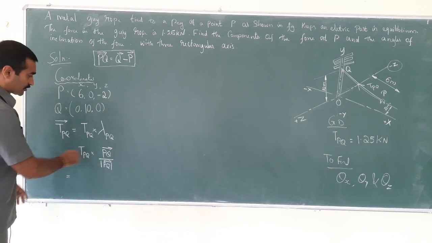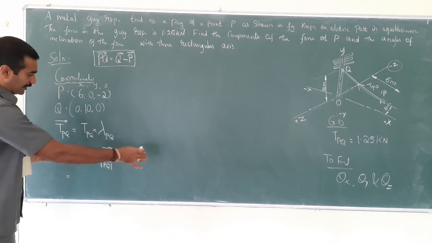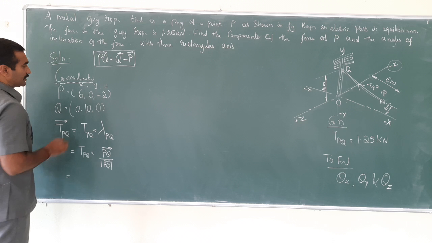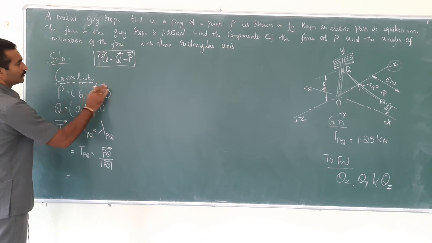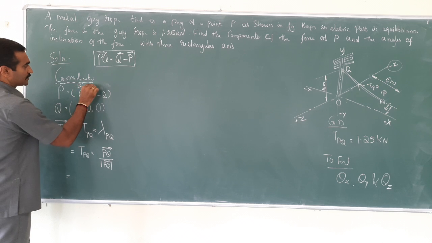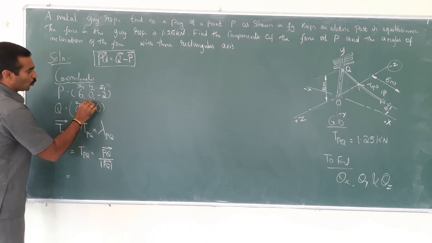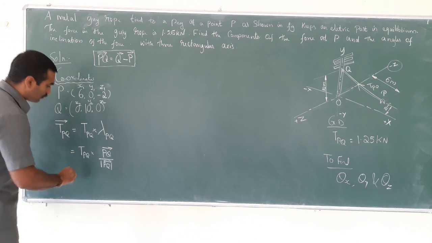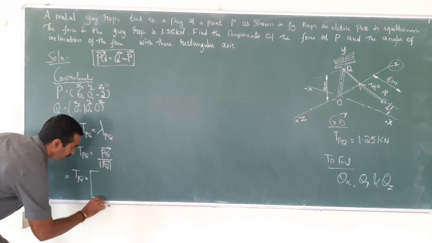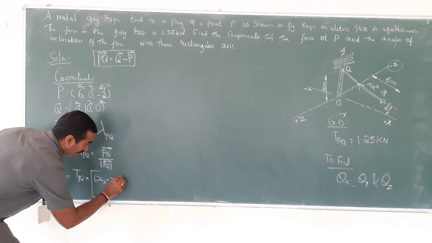Let me substitute those values here, and elaborate in a detailed manner. Let me take this as x1, y1 and z1, and this as x2, y2 and z2. The formula would be TPQ into x2 minus x1 in which direction?